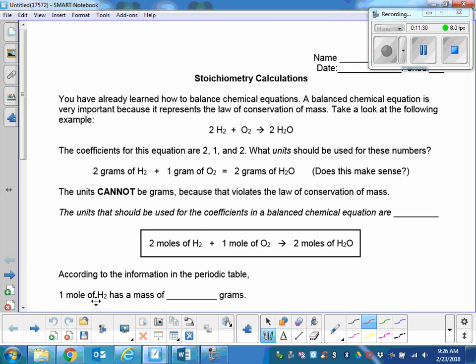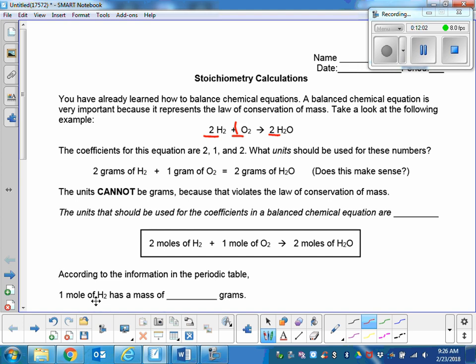Can you switch to your notes page? Why can't we have grams of A? Why can't I tell you how many grams of B it will make? Why do I have to switch it into moles? Let's look at this balanced equation. If you have 2 grams of A, 1 gram of oxygen, and in your balanced equation, if the coefficients denote grams, does it make sense? 2 plus 1 is 3 equals 2.